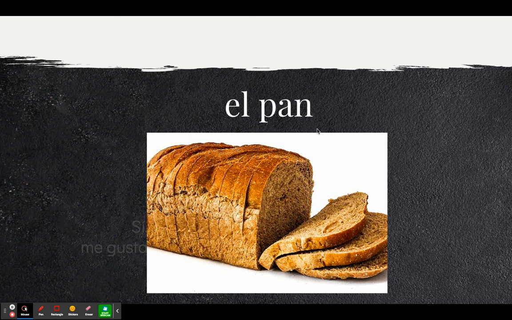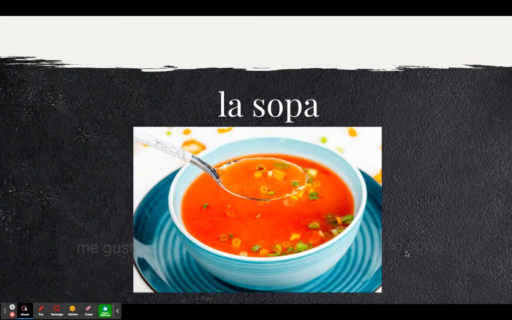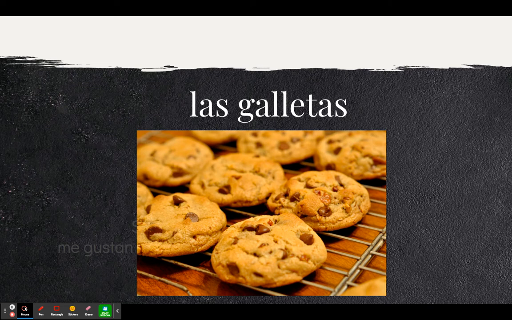It looks like the same word that we have in English for what you would cook in, but in Spanish, pan is bread. La sopa. Now, sometimes people might think sopa means soap, but you have to remember it means soup. Las galletas.